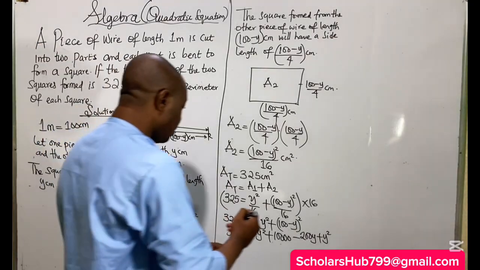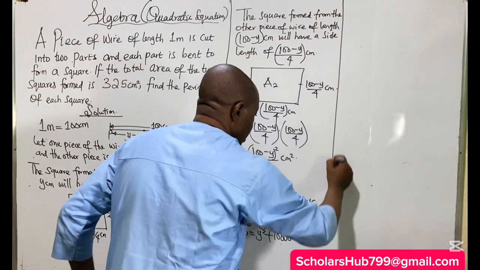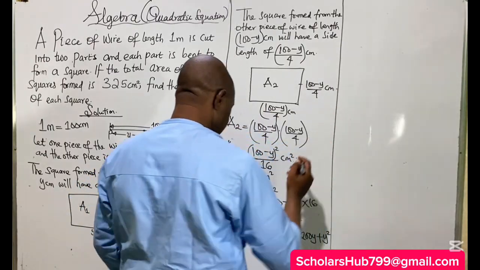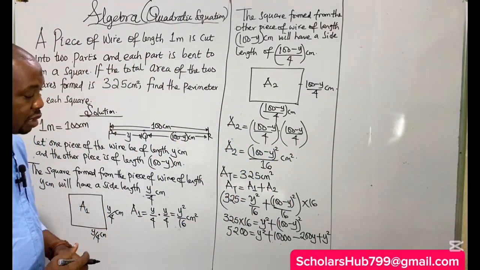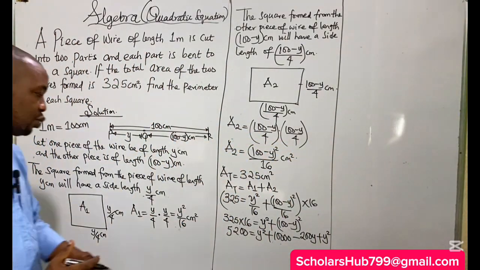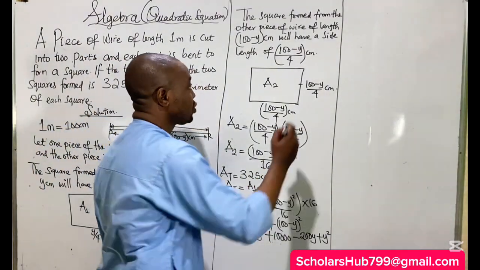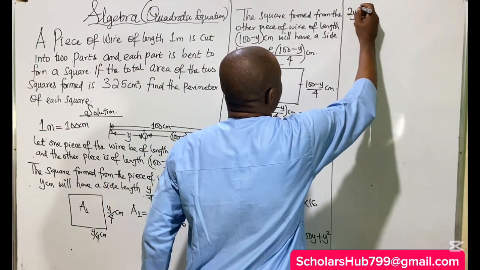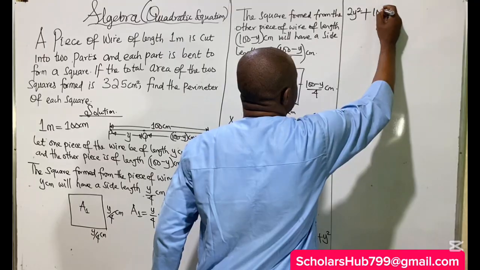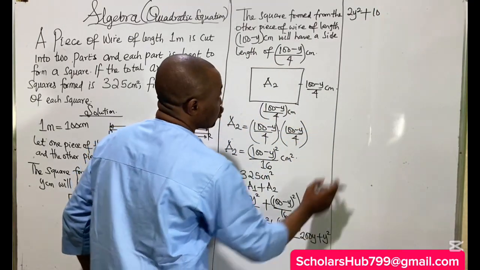Let's combine like terms and then write the equation. Now we already have a quadratic equation. y squared plus y squared will be 2y squared, then negative 200y.